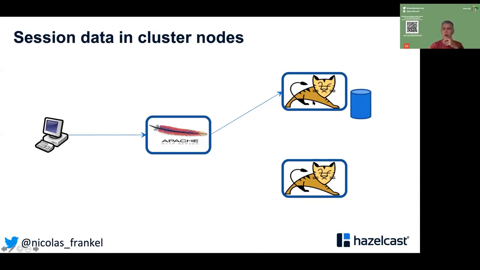So in order to cope with that, there is something called sticky sessions. Once you have been set a cookie, the load balancer knows that this session is associated to the first Tomcat. So every time you do a new request, it redirects you to this Tomcat. And so you keep your session and everybody is happy.